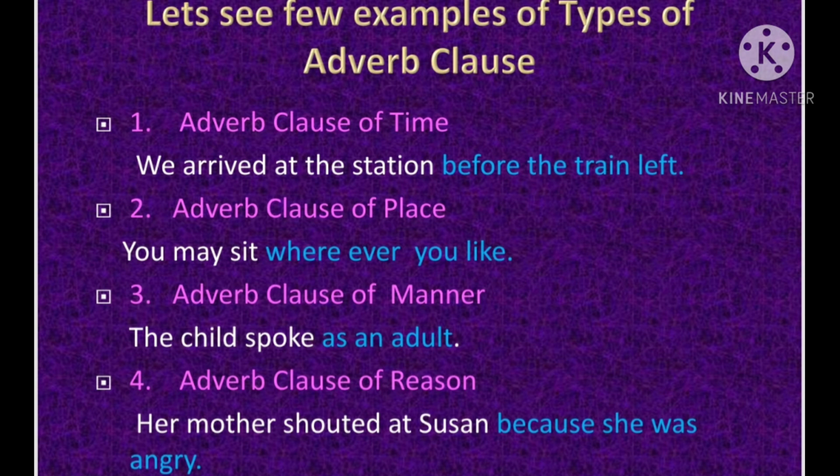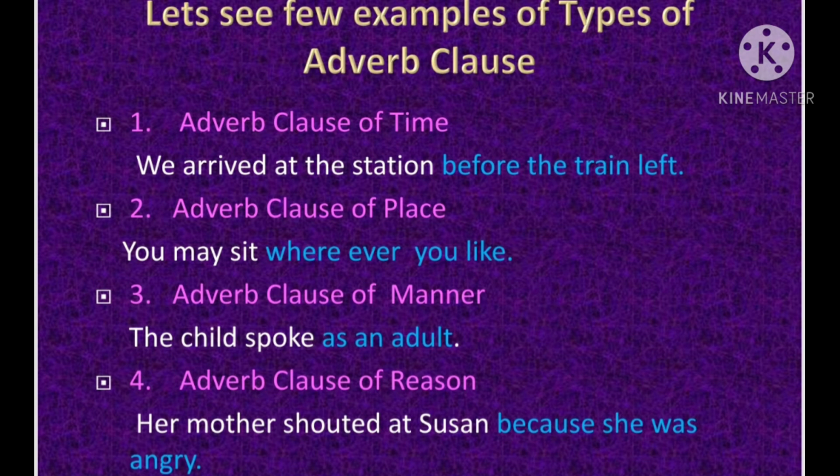Third type, adverb clause of manner. The child spoke as an adult. The child spoke, main clause; as an adult, subordinate adverb clause of manner. As is the subordinator, and the clause modifies the verb spoke in the main clause.